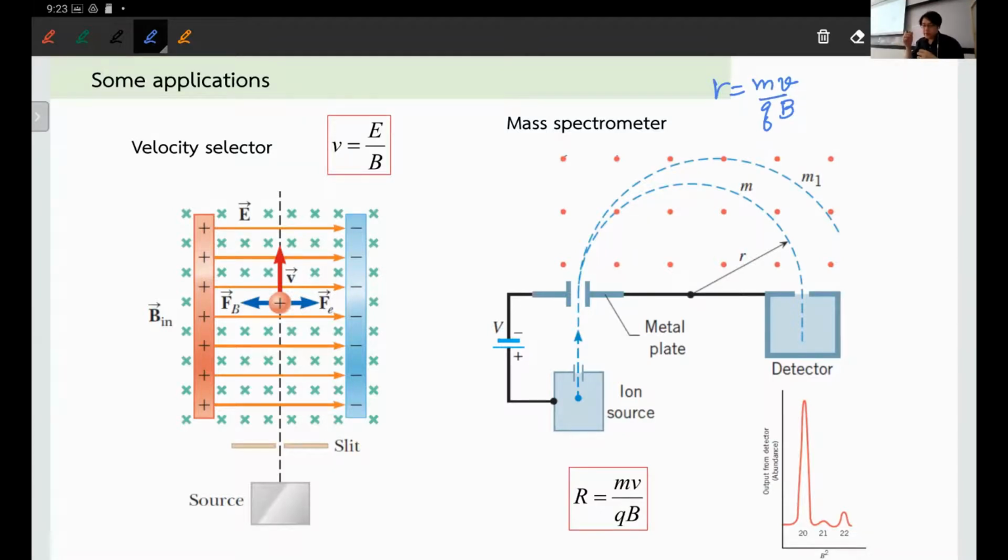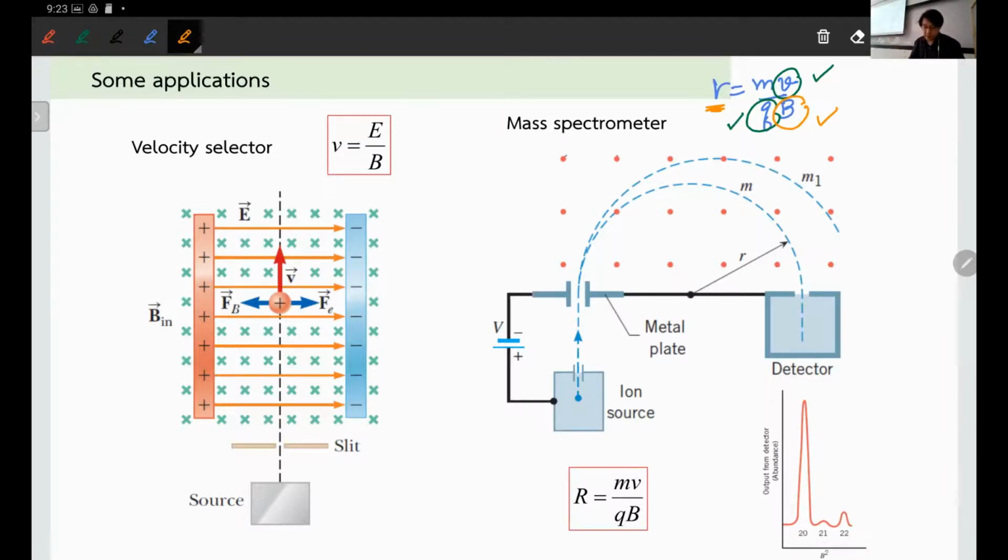So look at this one. If you have a particle coming in with some velocity, let's say you know the velocity. And somehow you are able to charge that particle with some known value, for example one electronic charge, maybe +1, +2, -1, -2. So you know the amount of charge in that particle. And of course, the magnetic field you can tune however you like. So that means you can calculate the radius of your circular path from this formula.